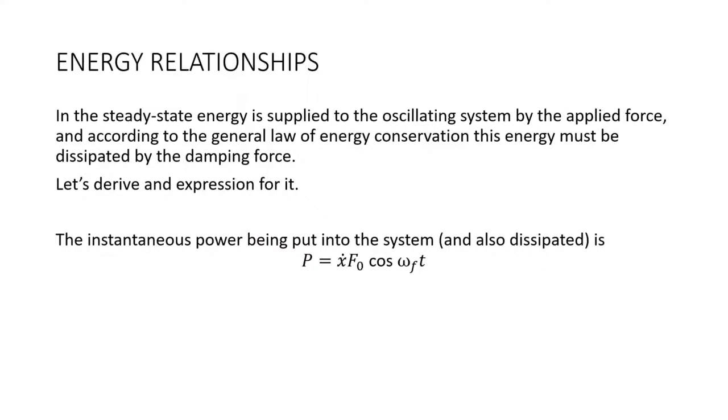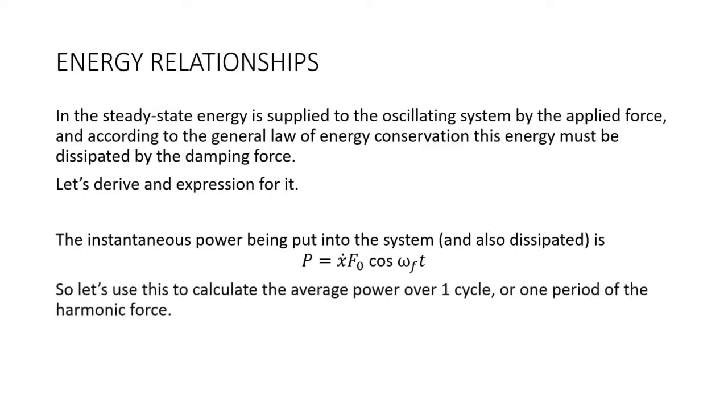Let's see if we can calculate what the average power is over one cycle of that external harmonic force, one push and pull cycle. What is the average power being supplied to this system over one period of that harmonic force? And we'll do this in an exercise.